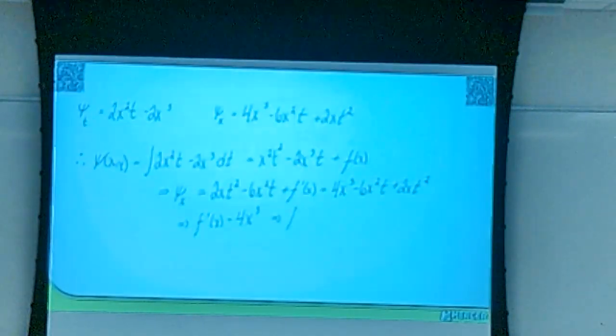What's f? x to the 4th plus c. And we just ignore that c.